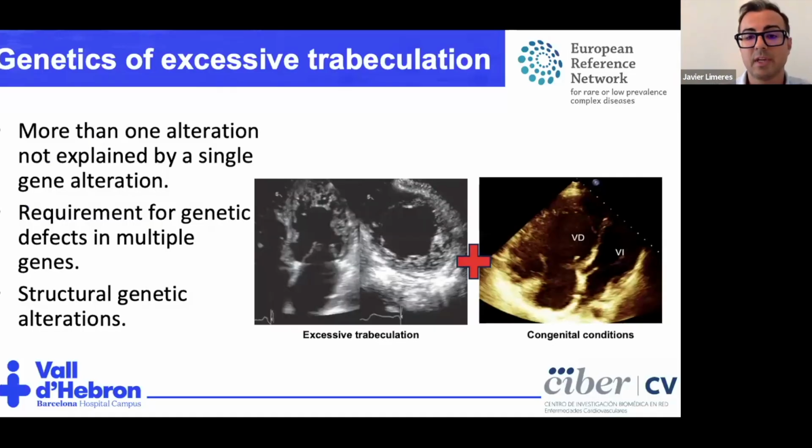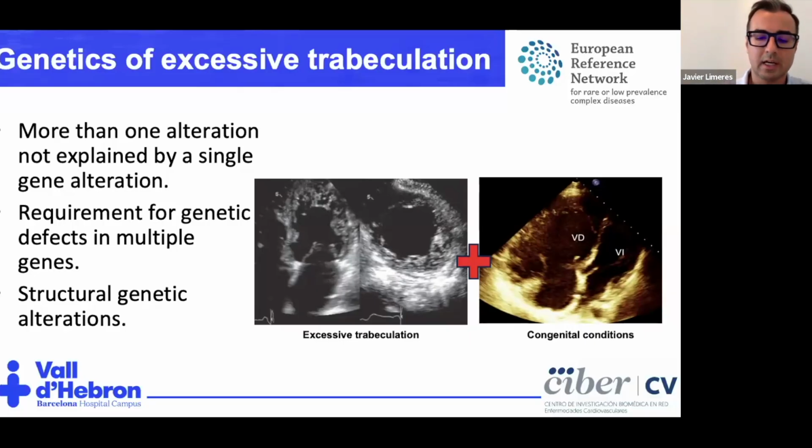Why, for example, of that? I put the case. You can find a patient with an excessive trabeculation with a congenital heart disease. So in these cases, sometimes you find defects in the muscle, defects in the veins or in the arteries, or defects in other parts of the body.